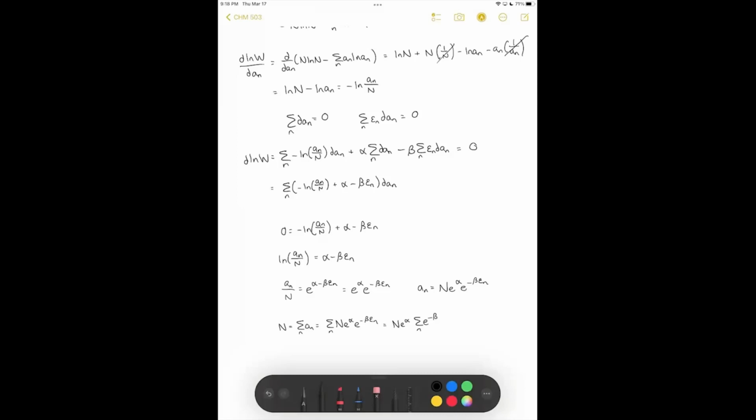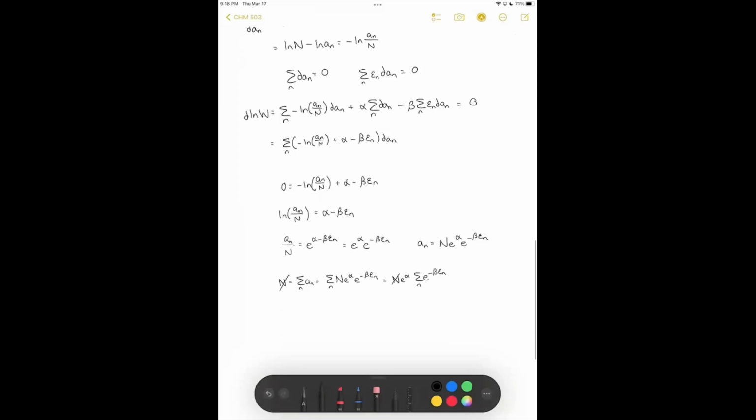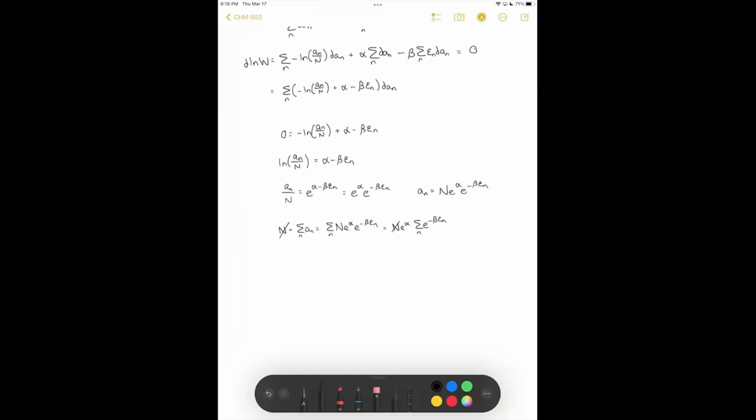Now we can cancel out both of these, and we can rearrange to get a measure for what e to the alpha is. In this case, it turns out that e to the alpha is simply 1 over the sum of e to the minus beta epsilon n. And for simplicity, we'll say that e to the minus beta epsilon n, when you sum all those together for all of the n's, is q, which we'll call the partition function.